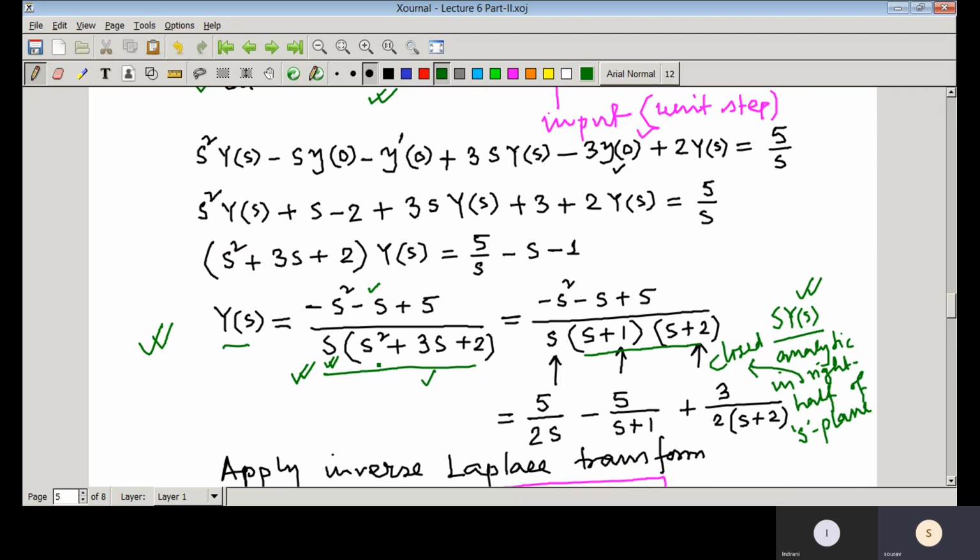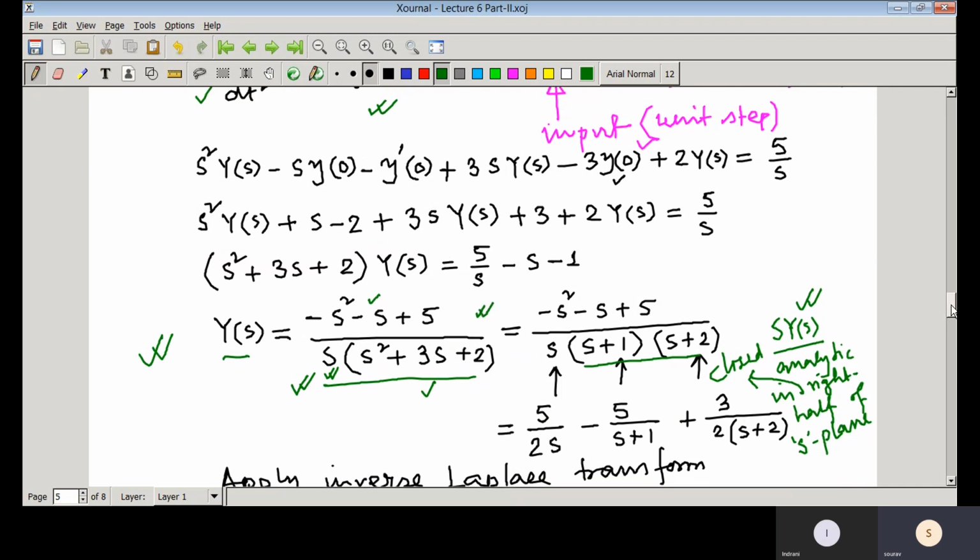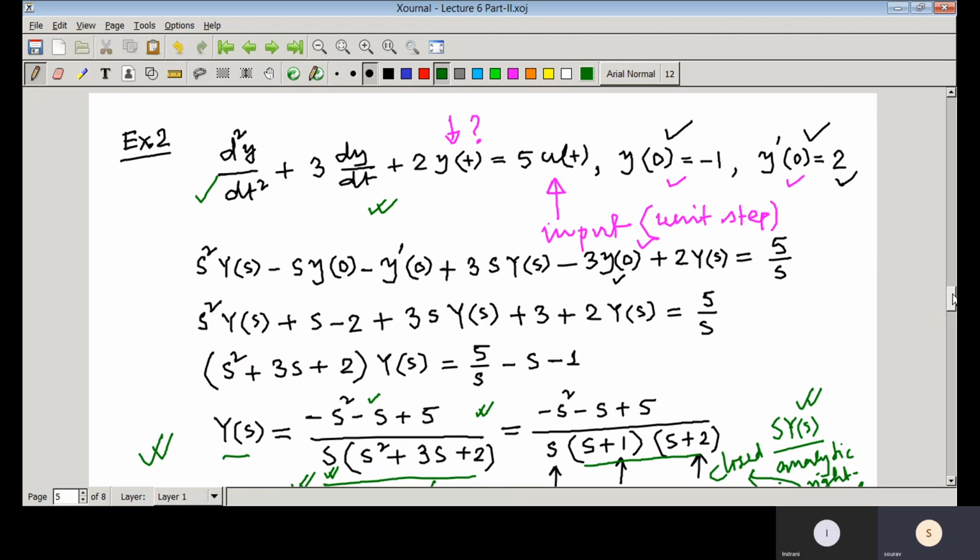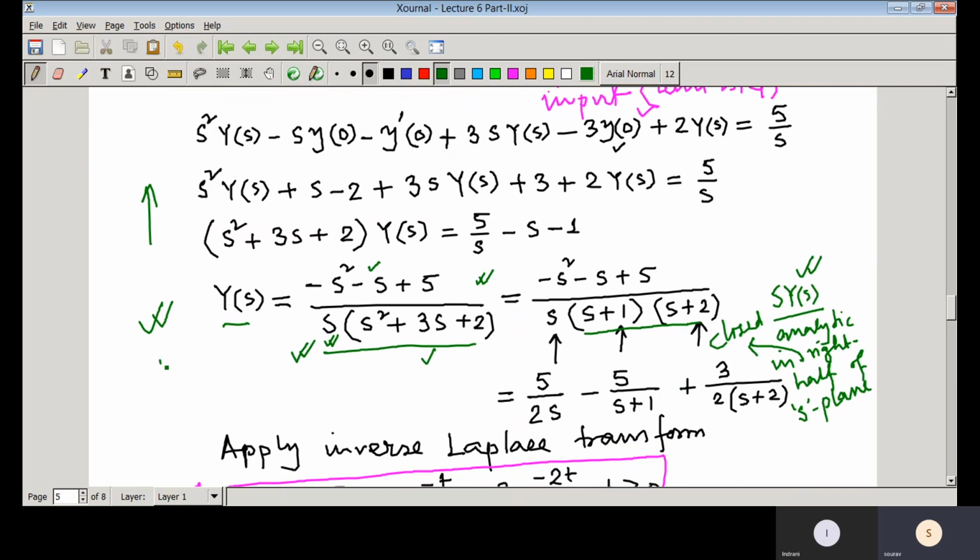That thing we'll be discussing in the next class. Whenever this particular rational function is given, it actually corresponds to this differential equation. So you can go in that direction or along that direction.